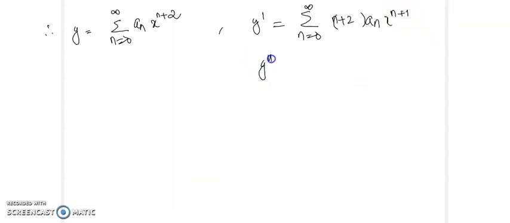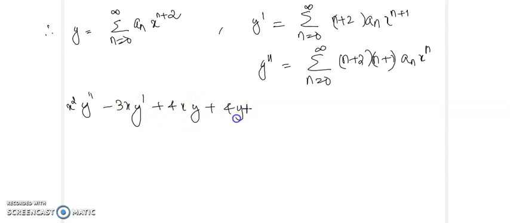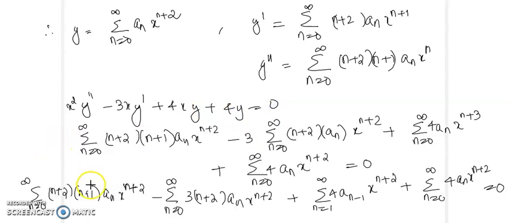So y double dash will be summation n equal to 0 to infinity n plus 2 into n plus 1 an x raised to n. Now let us substitute it into the equation. Our equation is x square y double dash minus 3xy dash plus 4xy plus 4y equal to 0. So this is what we are going to get.